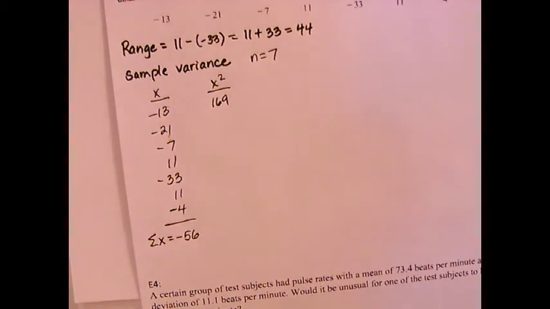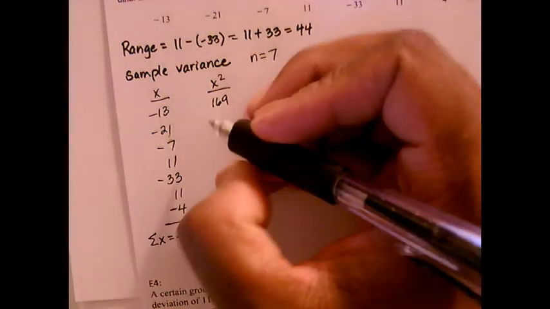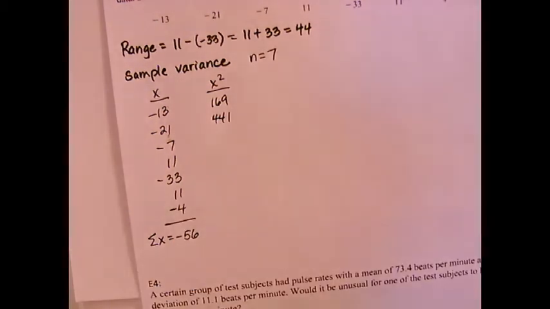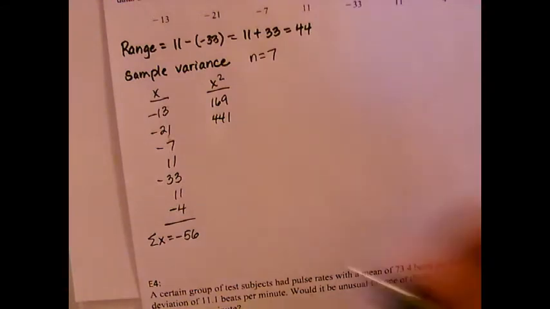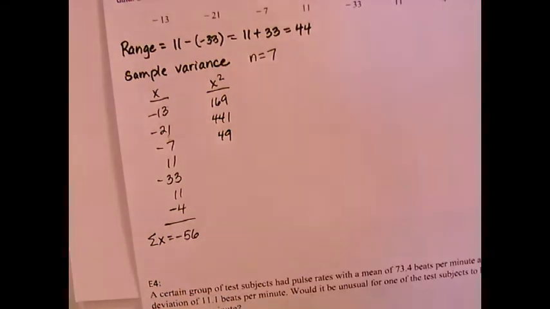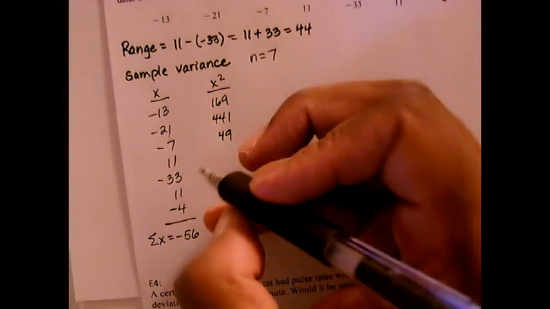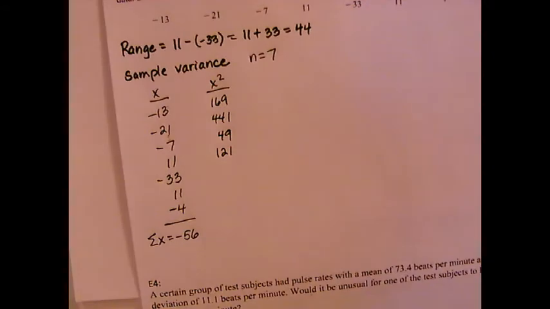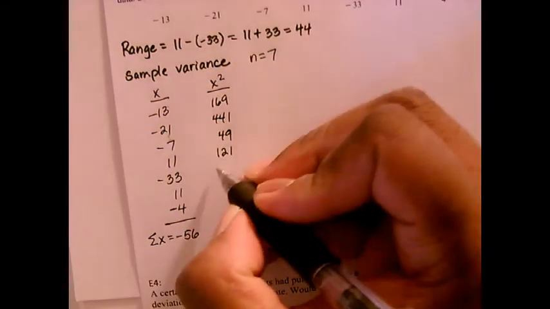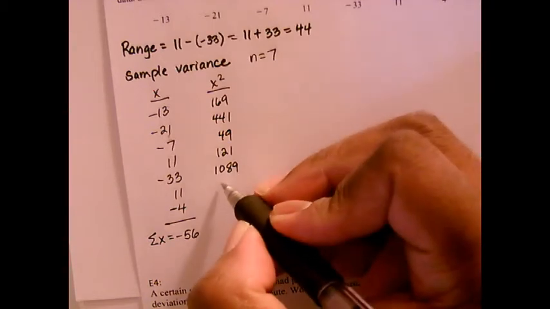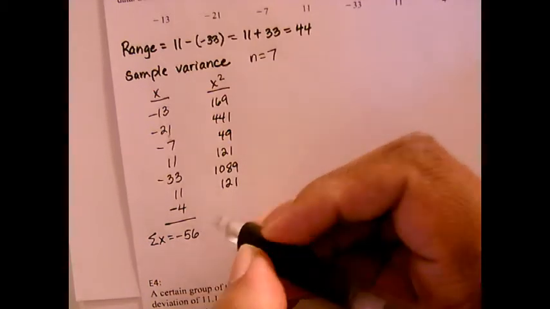And the same thing for negative 21, that squared is going to give you a positive 441. And then negative 7 squared will be positive 49. 11 squared will be 121. Negative 33 squared will be a positive 1089. 11 squared will be 121.